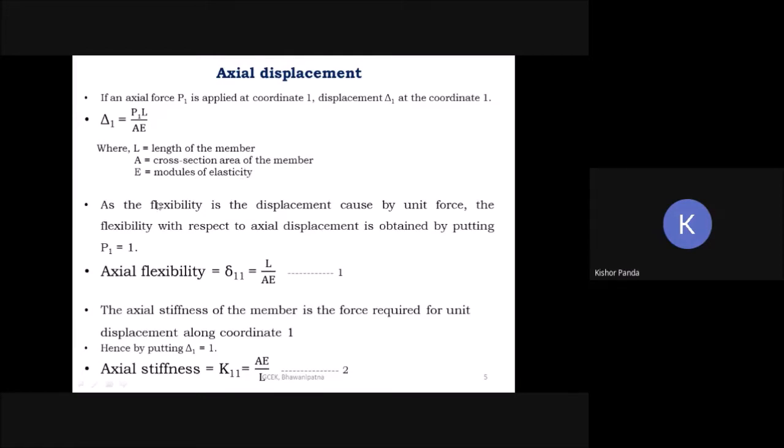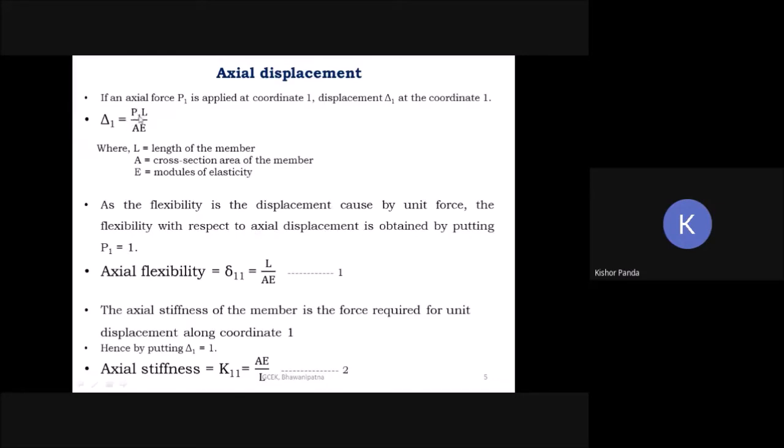But you have to find out what is the flexibility and what is the stiffness. Here the axial forces are acting along the coordinate direction 1, so you have to find out the axial flexibility and the axial stiffness. From the definition, flexibility is the displacement caused by a unit force. The flexibility with respect to axial displacement is obtained by putting P1 equal to 1.